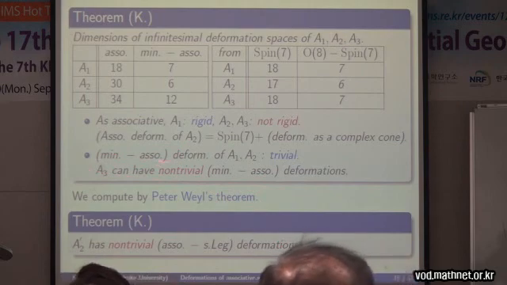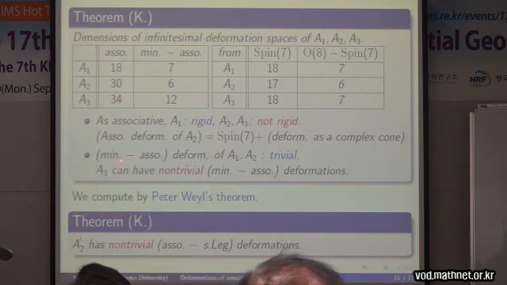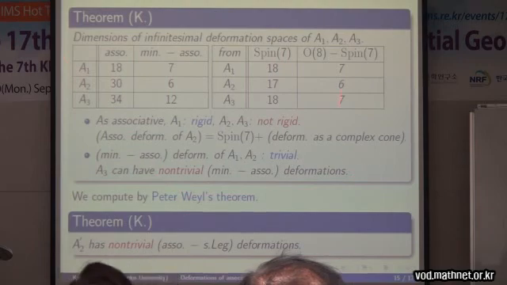And the next result is about the second column. Minimal and non-associative deformations of A1 and A2 are trivial. Here 7 equals 7 and 6 equals 6. But A3 can have minimal but non-associative deformations. 12 is larger than 7, so we obtain this result. And we use the technique of the Peter-Weyl theorem.